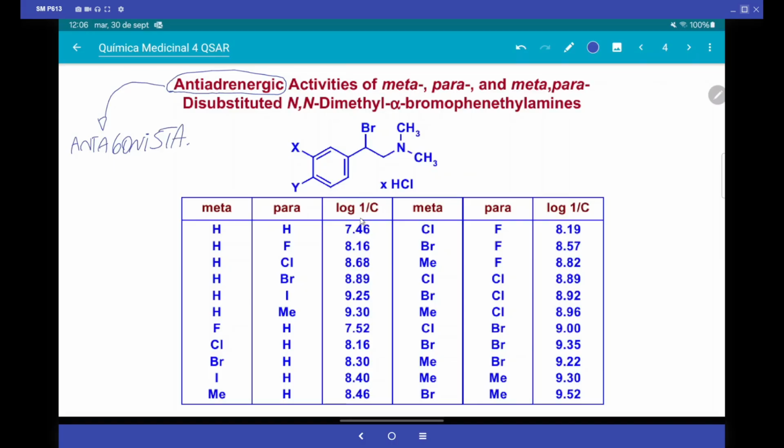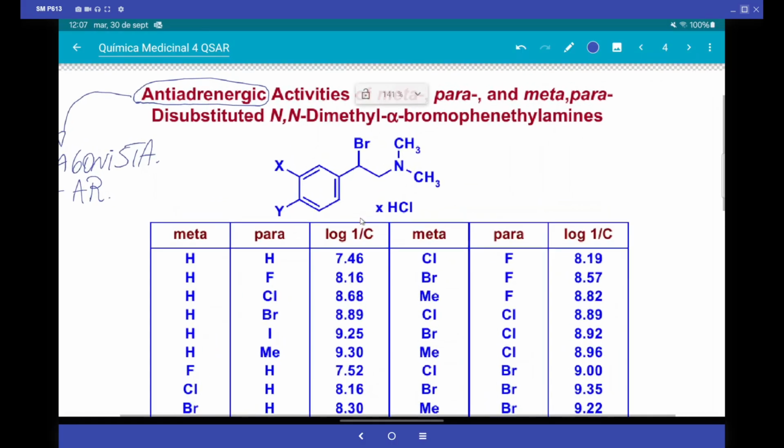Very well, it is a beta-adrenergic antagonist. These molecules were studied for their potential as antihypertensives, that is, one of the potential applications. The studied pharmacophore is similar to adrenaline.